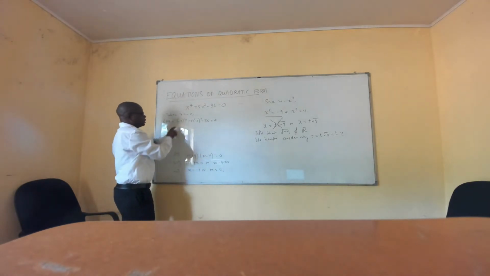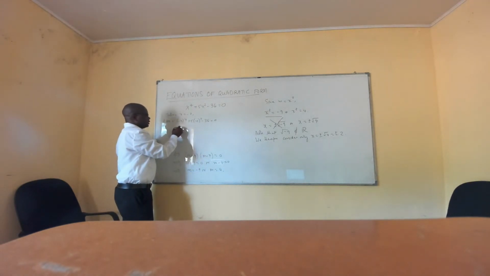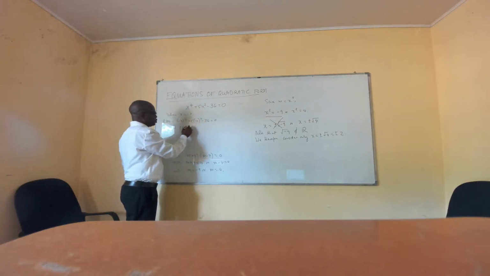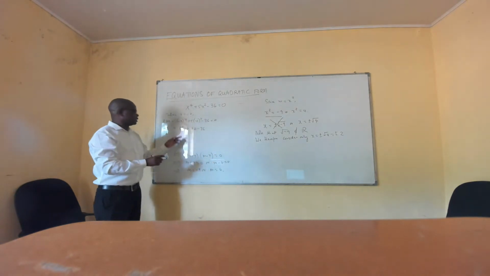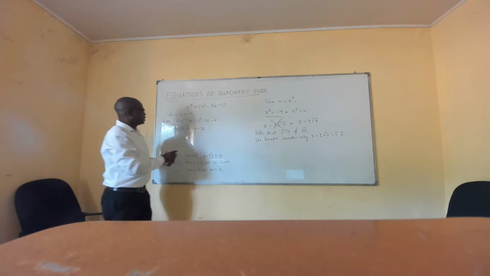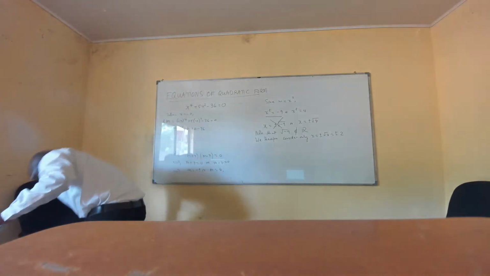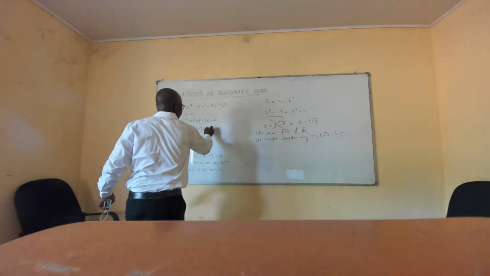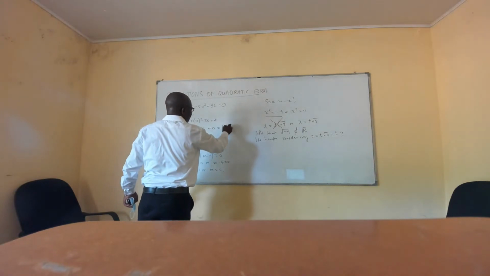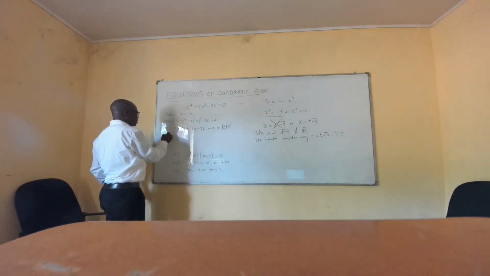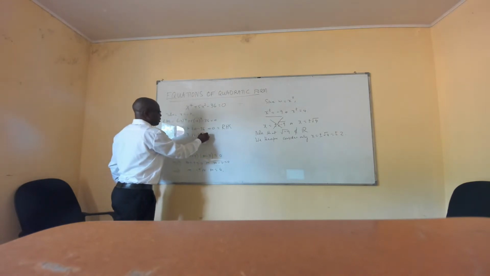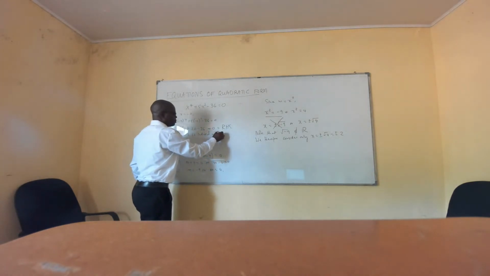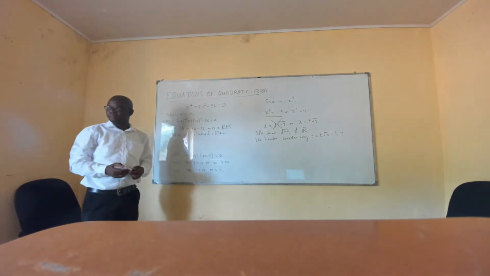This gives us 16 plus 20 minus 36. You see that this is 36 minus 36 and gives us 0, which is our right-hand side. Therefore, x equal to minus 2 is indeed a solution.